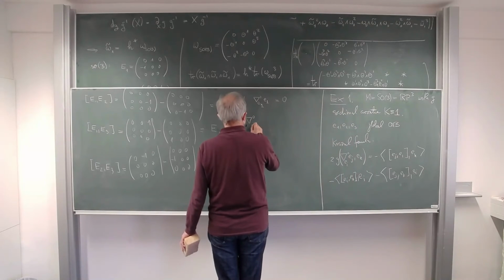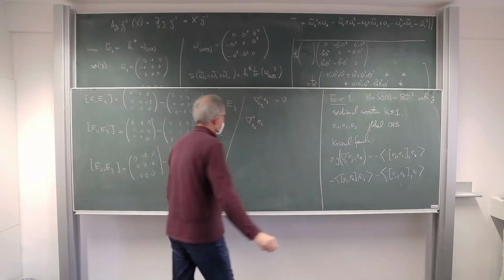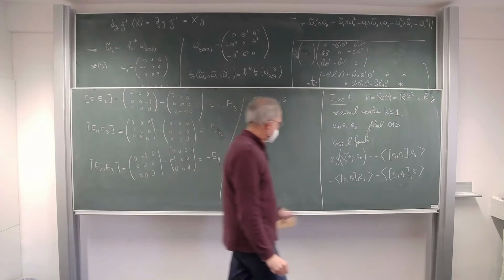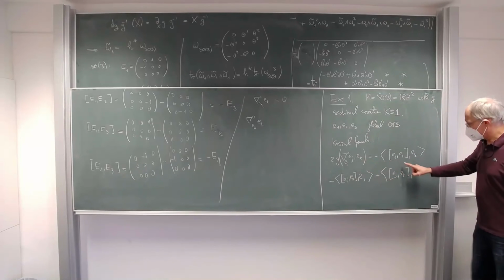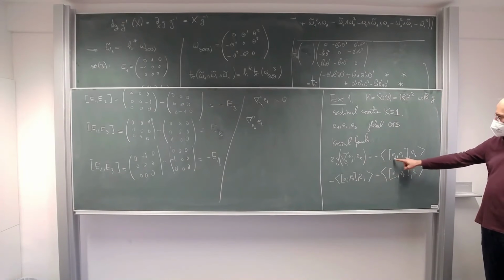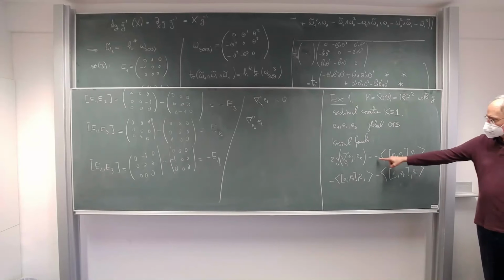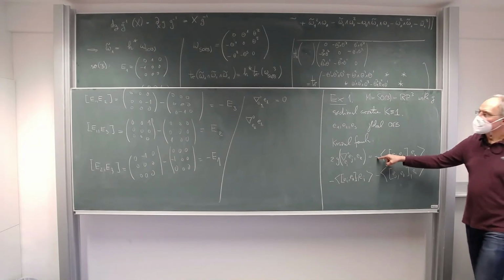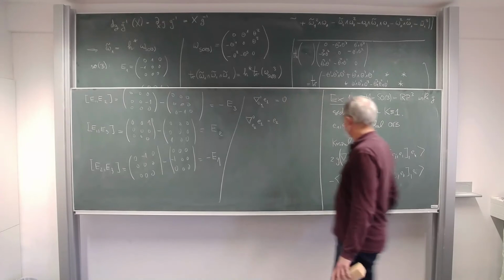Now, let's differentiate it in direction E2. Then I have E2 here and E1 here. And the only contribution, so let's see, E2, then I have E1, E2, which gives me minus E3, times E3 is minus 1, which gives me a plus 1 here. So that's plus E3.